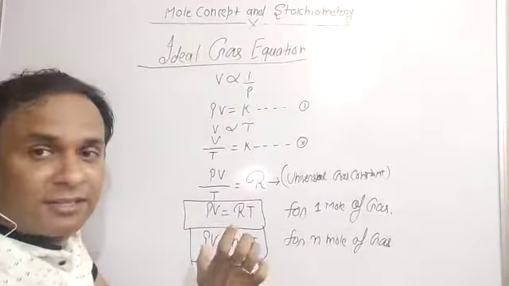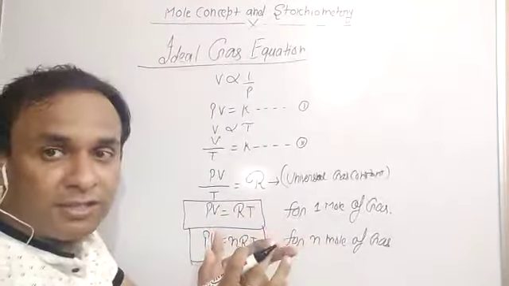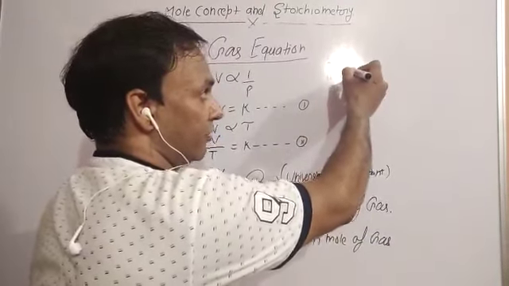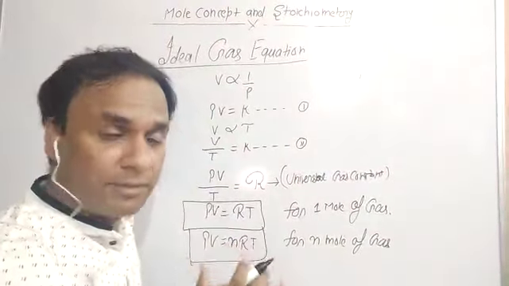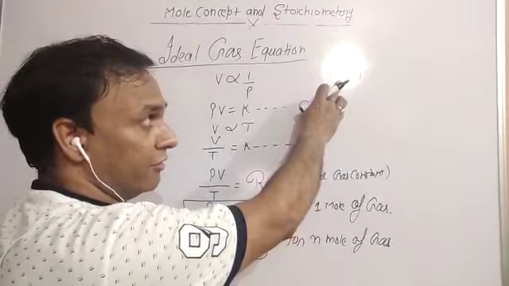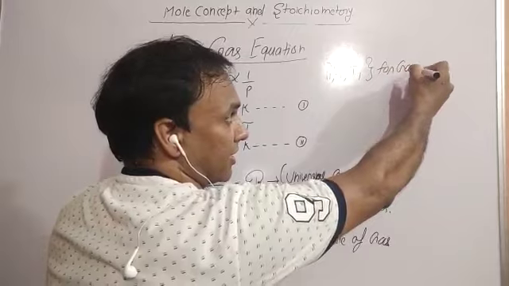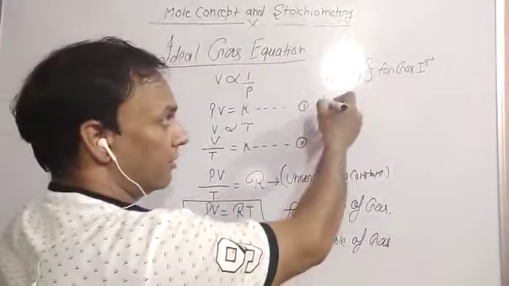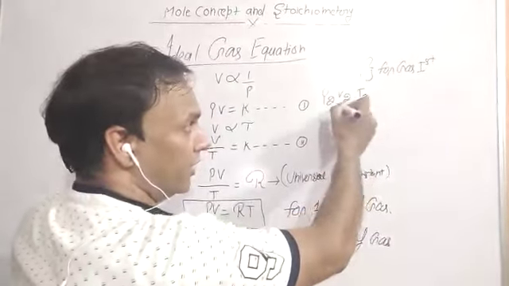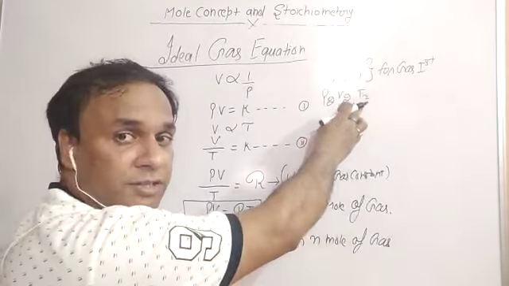For an ideal gas, this value never changes. Suppose two gases are filled in the same container, having pressure P1, volume V1 and temperature T1. This condition is for gas first. Similarly, for gas second, pressure is P2, volume is V2 and temperature is T2.